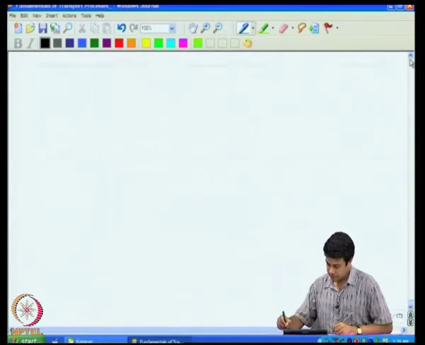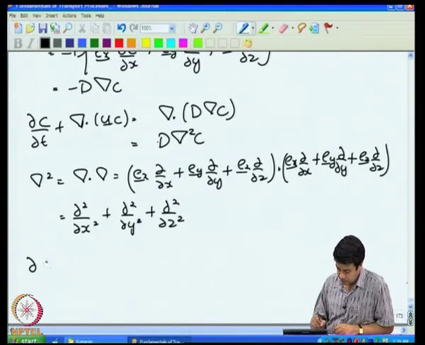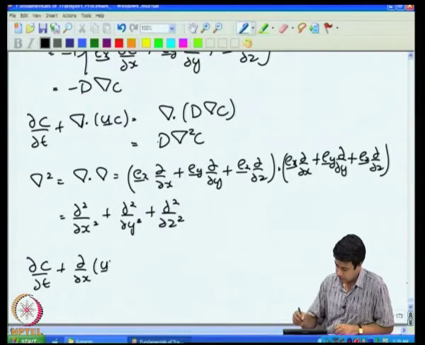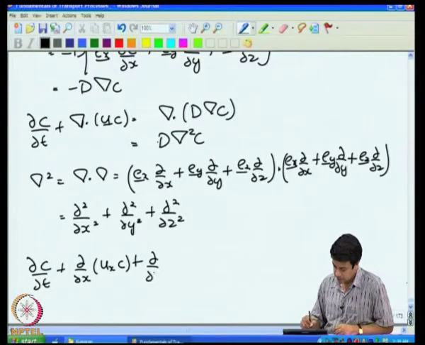So, therefore, my final mass conservation equation can be written as dc by dt plus d by dx of uxc plus d by dy of uyc.